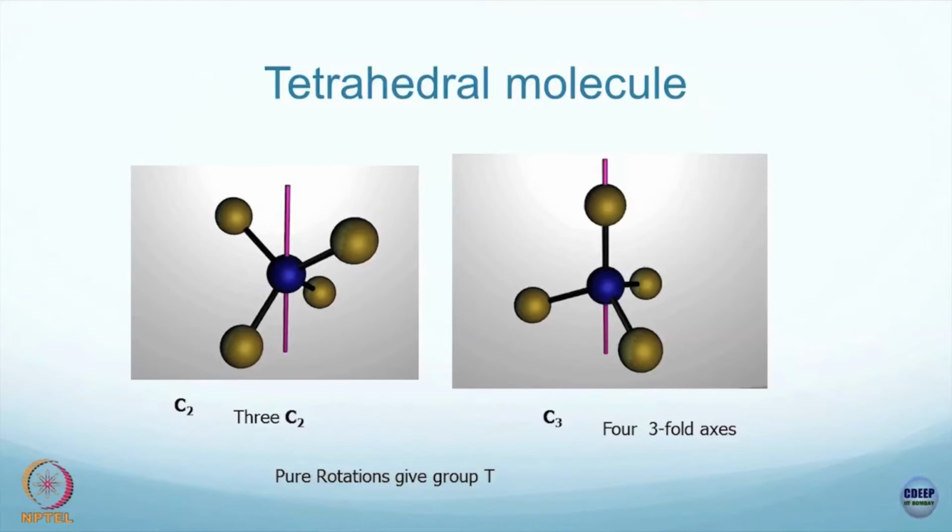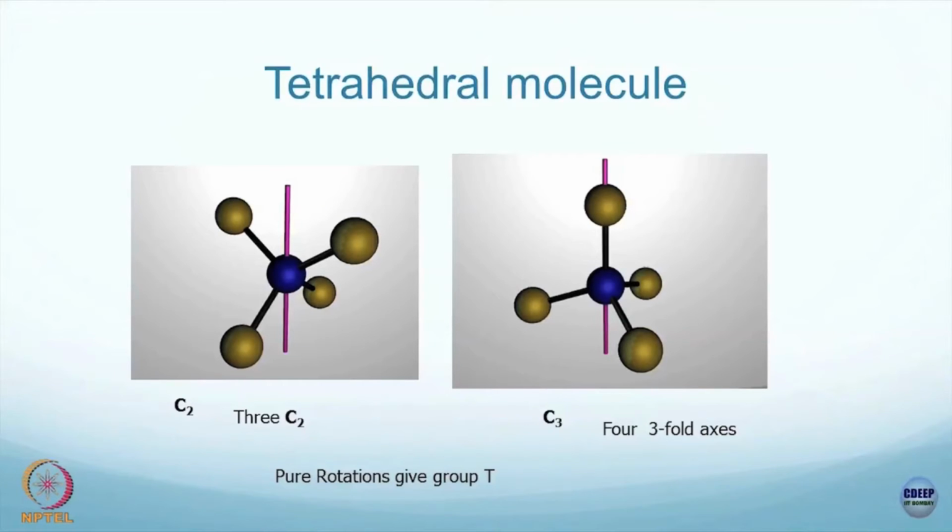So, this is the methane molecule, with the 4 hydrogens, and the center blue one is the carbon. These are the C2 axis rotations, and there are 3 C2 axes.